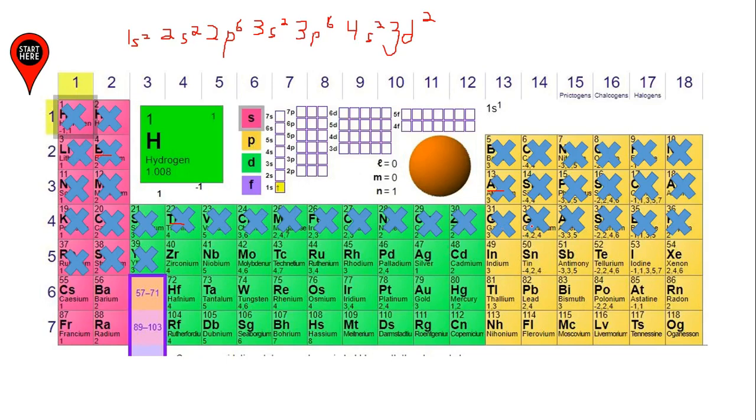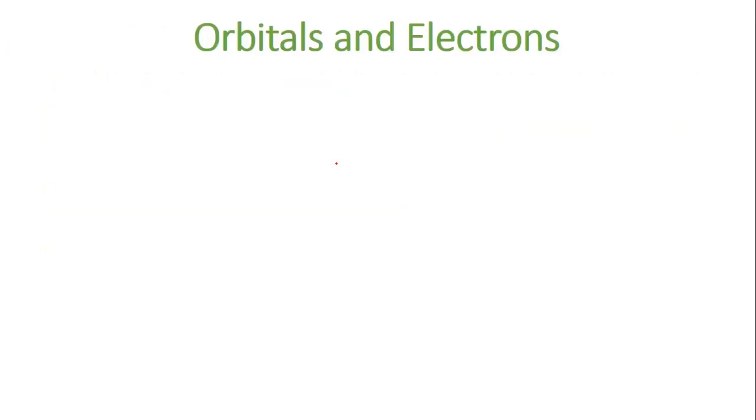Then 4P6, then 5S2, and then row minus 1, so 4D1. And then if we head back to indium, that would be 5P, 1, 2, 3, or whatever you need to do there. All right, hopefully that helps walk you through those, so you don't have to memorize all that craziness.